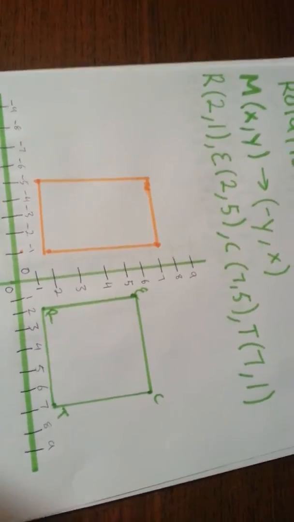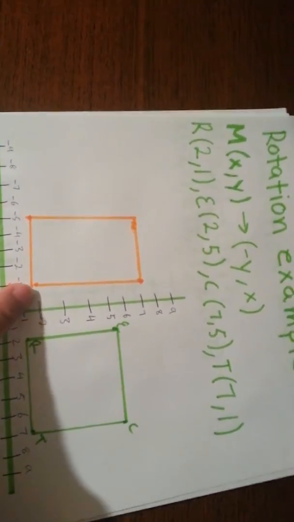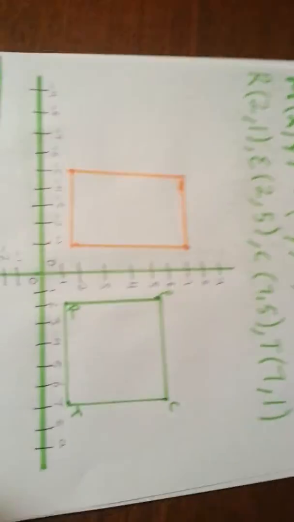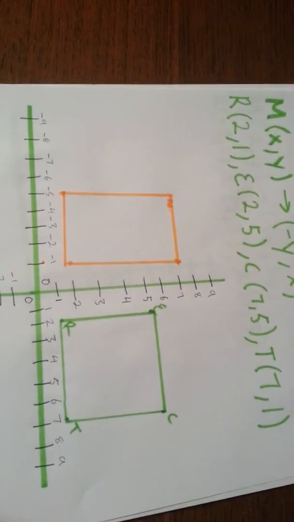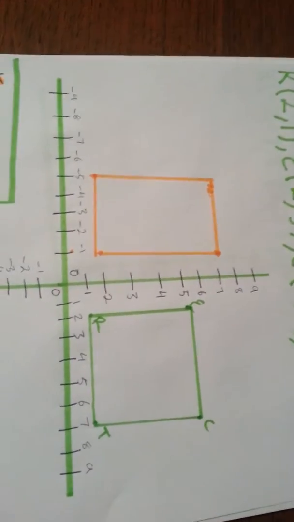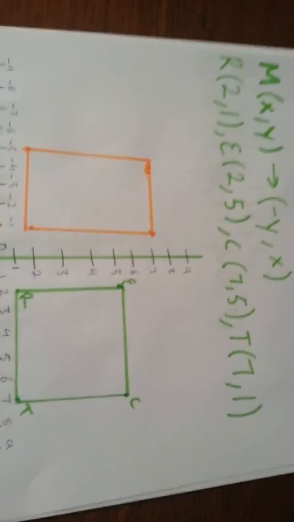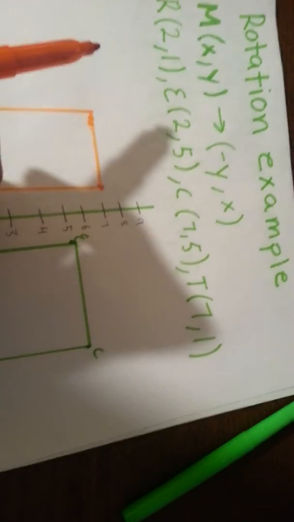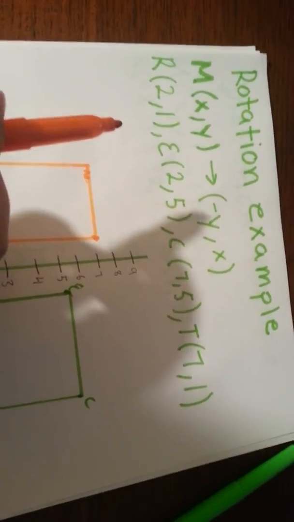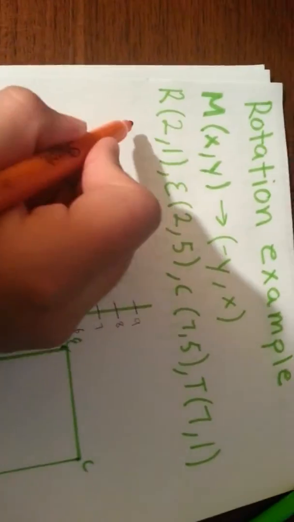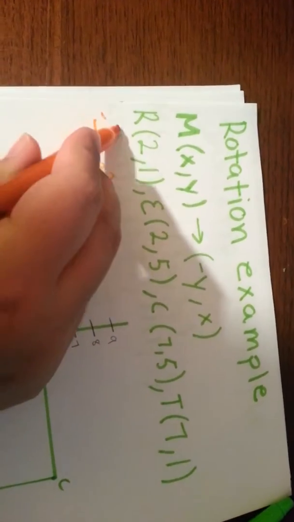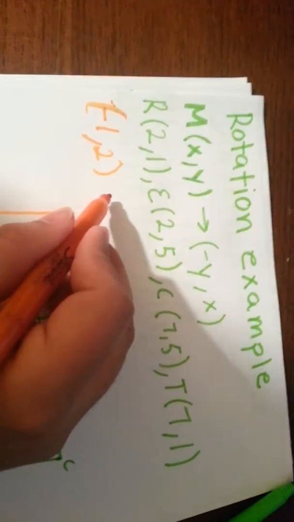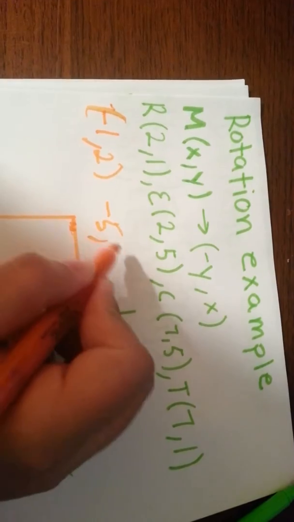So as you can see, this figure goes across to the y-axis, and since the y becomes a negative here, it will be negative 1, 2. This will become negative 5, 2.